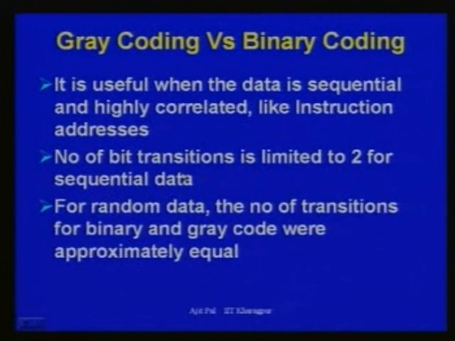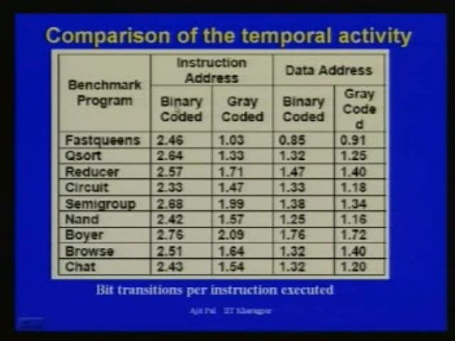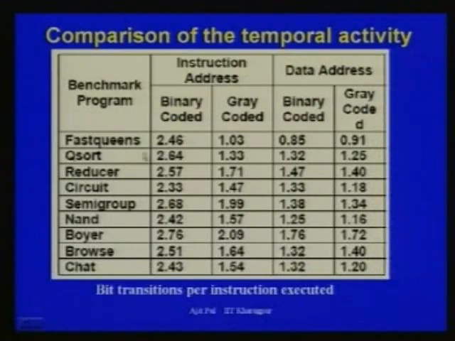Whenever you fetch instructions from memory through the instruction bus, as you know, your instructions are stored in consecutive memory locations normally, unless it is a branch or subroutine call or interrupt. Otherwise, instructions are fetched from consecutive memory locations. So, in such a case you can see the number of bit transitions per instruction is reduced by using gray coding compared to binary coding for different benchmark circuits.